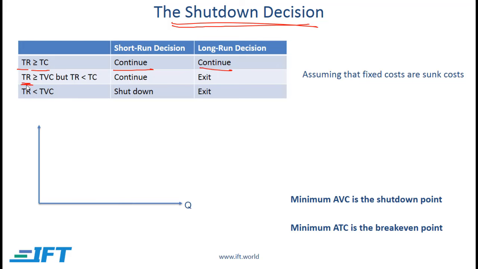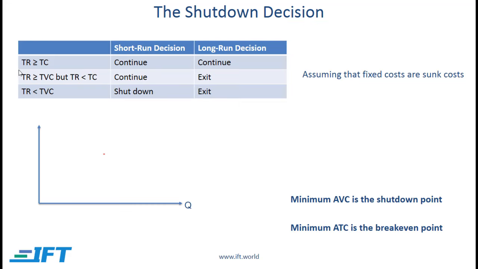But what if total revenue is greater than total variable cost but less than the total cost? So we are meeting or exceeding our variable cost, but the revenue is falling short of the total cost. In such a situation, it makes sense to continue in the short run, but it does not make sense to continue in the long run. If the total revenue is even lower than the total variable cost, then a firm should shut down in the short run and exit the market.